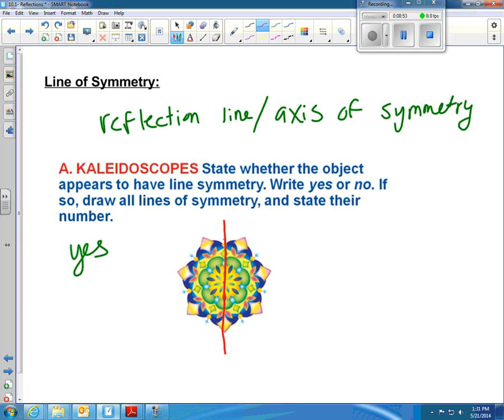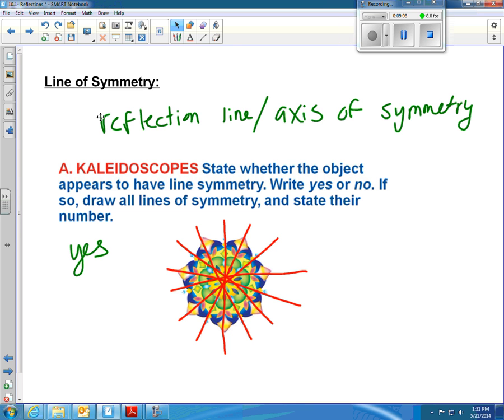I can fold it in half this way. I can also fold it here, here, across this direction. Oh, that one wasn't the straightest. This way, and this way. I think we have them all. So then it says to count how many there are. I'm just going to make blue marks on both ends of this one, just so I know that's the same line.